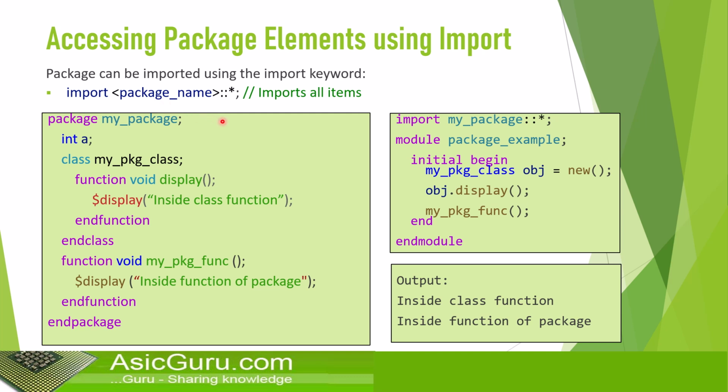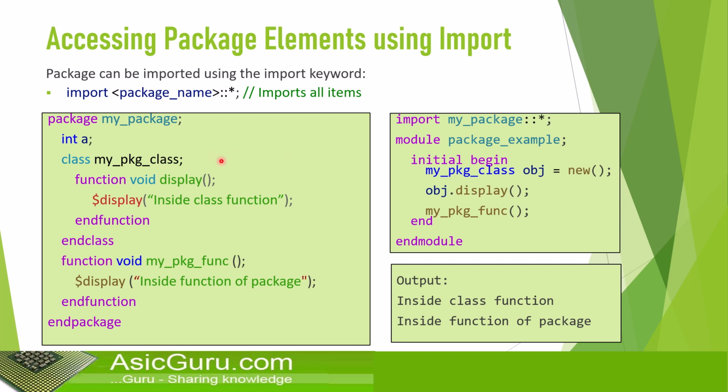Let's understand it by using this example. Here I'm using the same package example which I defined in the previous slide. This package definition contains one integer type variable, one class which contains a function display, and a function which is defined as part of this package. Now I have defined a module, and in this module I would like to use the class defined in this package.